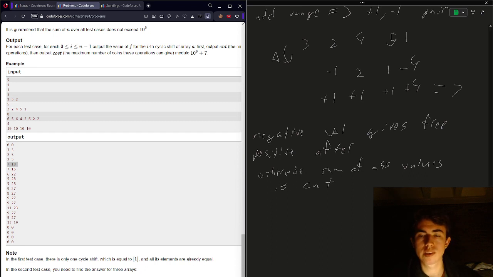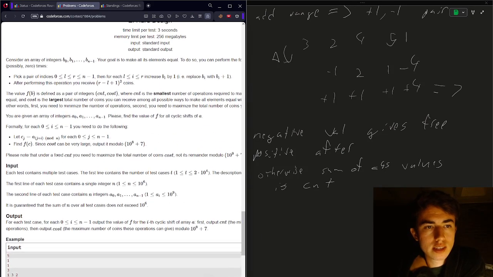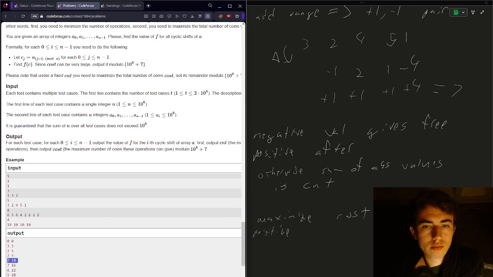And then, how do we affect cost? Maximize cost by giving the free positive later, as far away as possible.